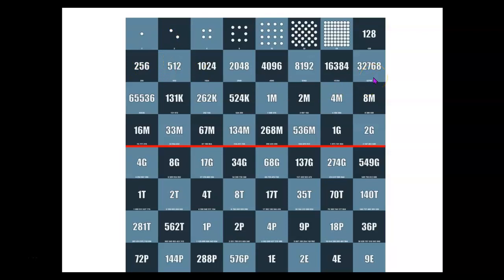By the time you're at the end of the second row, you're up to 32,768 grains of rice. Keep on doubling, and about halfway through the next row, you're up to 1,000,000. By the end of that row, you're up to 8,000,000. By the end of the next row, you're up to, well, in these little tiny numbers down at the bottom, it says what the actual number is written out.